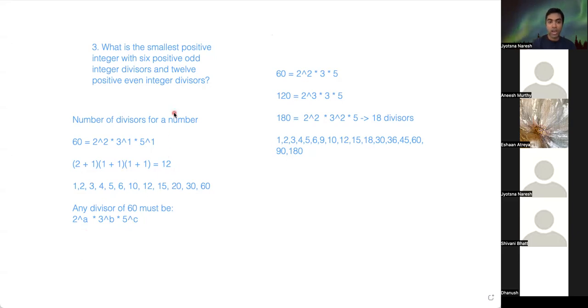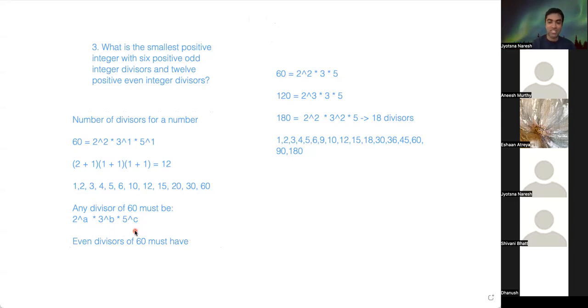So if I think about when I know that there's some number of odd divisors and some number of even divisors, could I actually use this approach to count the number of even divisors of 60 instead of the total number of divisors of 60? What kind of constraint does that add? So there's one particular value of a, b, or c that will lead to it not being even.